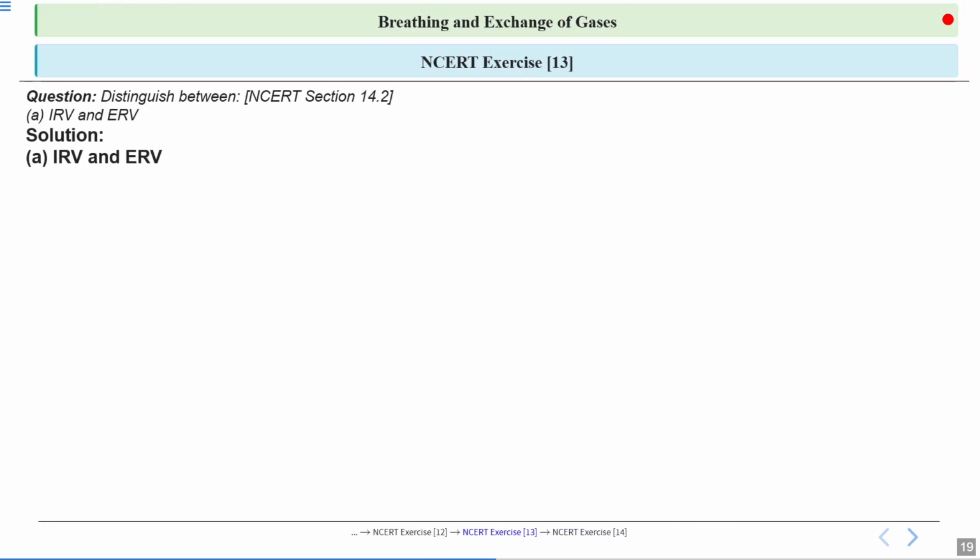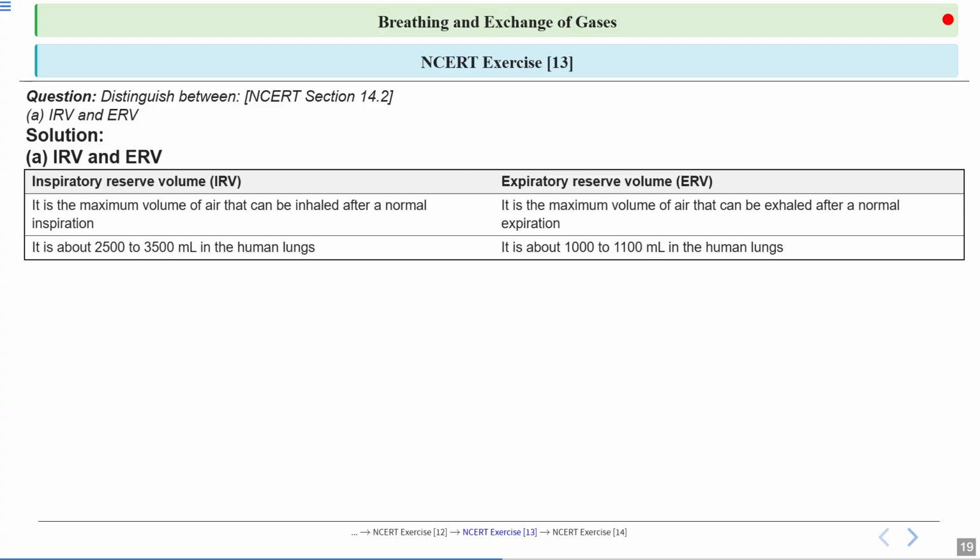First difference, IRV and ERV. IRV means inspiratory reserve volume. What is that? It is the maximum volume of air that can be inhaled after a normal inspiration, right?